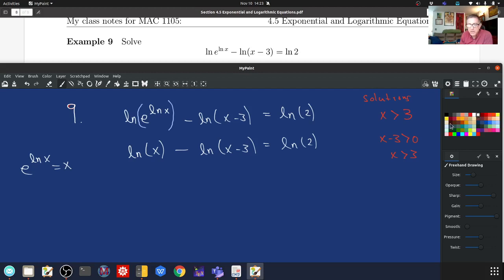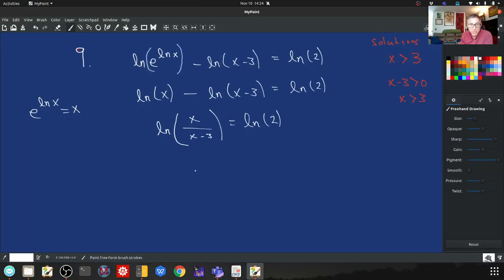So by using our log properties, this is the same thing as the log of x over x minus 3 is equal to the log of 2. And now we use the fact that logs are one-to-one functions. That means x over x minus 3 is equal to 2.